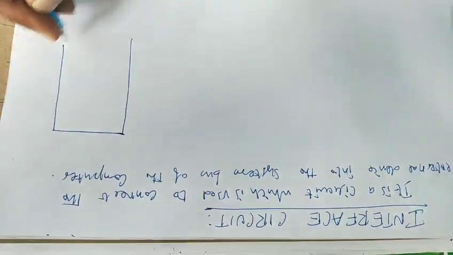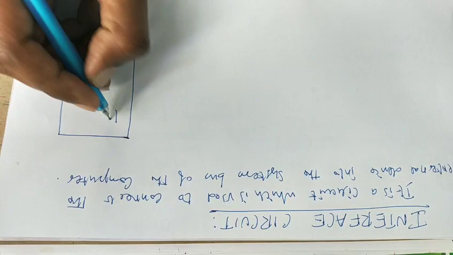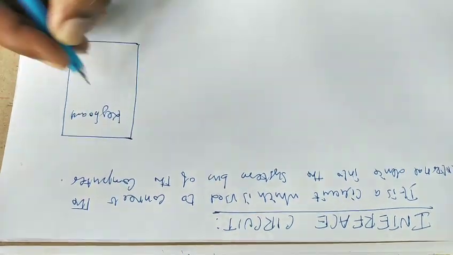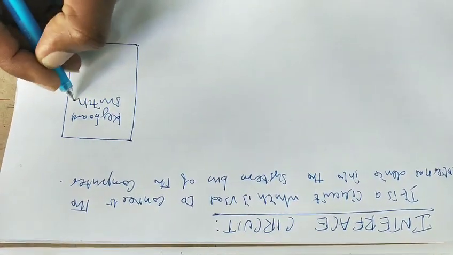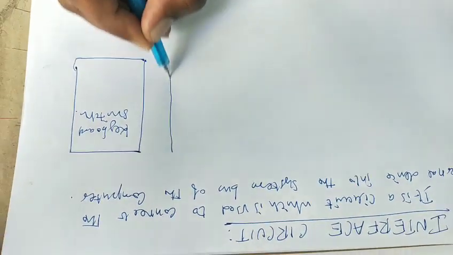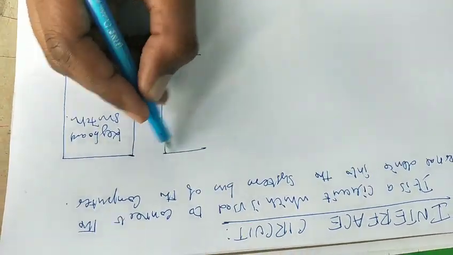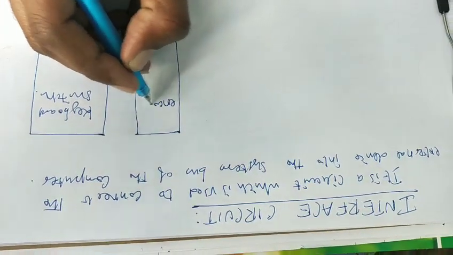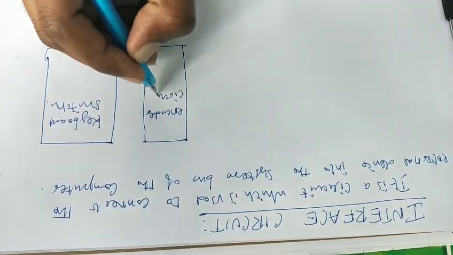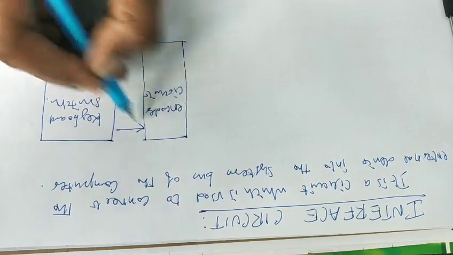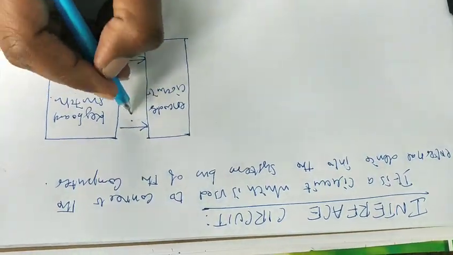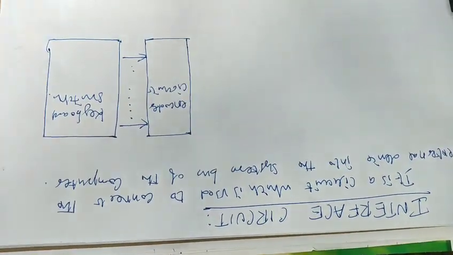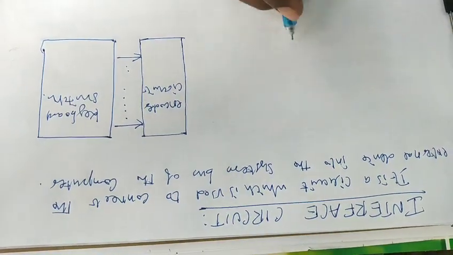For that, here we are having keyboard switches. The keyboard switches are connected with the encoder circuit. For that, here we are having 1 to n number of lines.